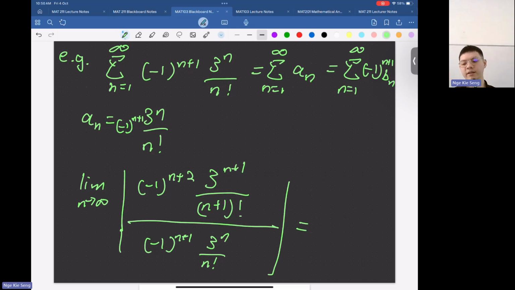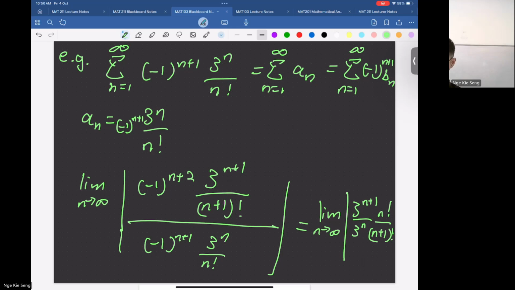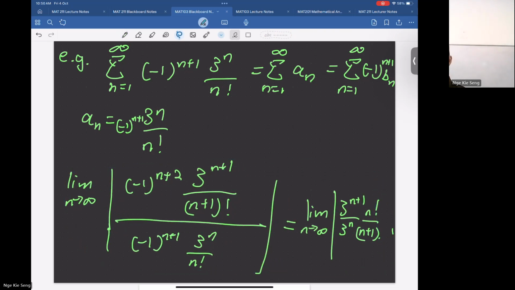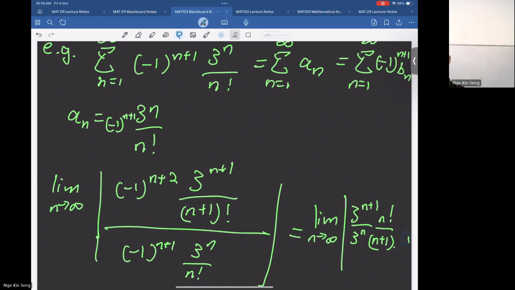Like Jian Tong said, no need to care about this sign because we are taking the modulus anyway. But can we do any simplification on the rest? What can we cancel? What are we left with?